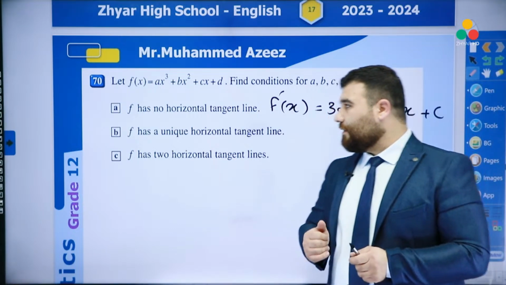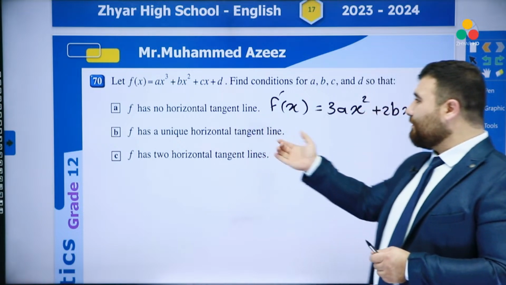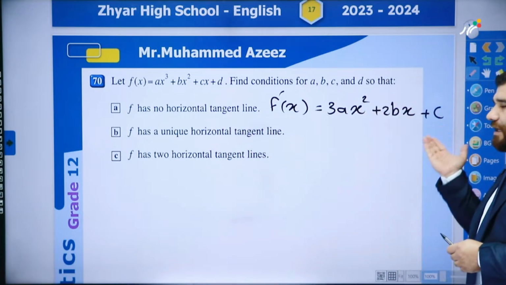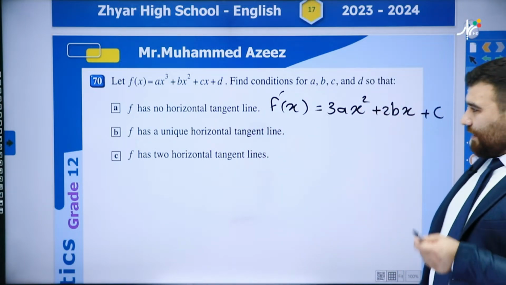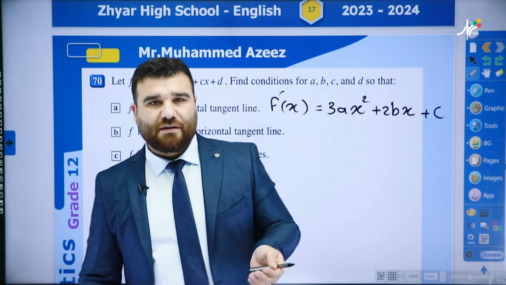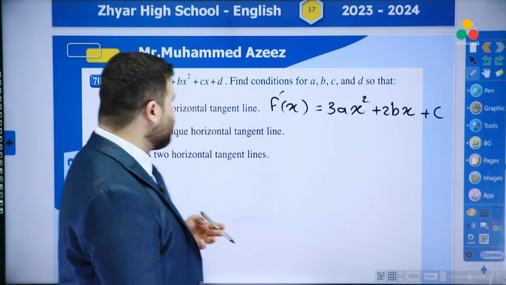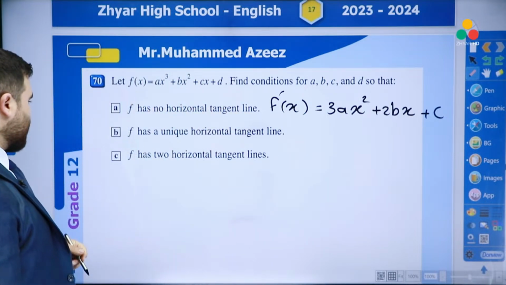All right. Then this is a quadratic equation. Having no tangent line means this quadratic is never equal to 0. In other words, this quadratic has no solution. Then we go back to grade 10, the quadratic formula.